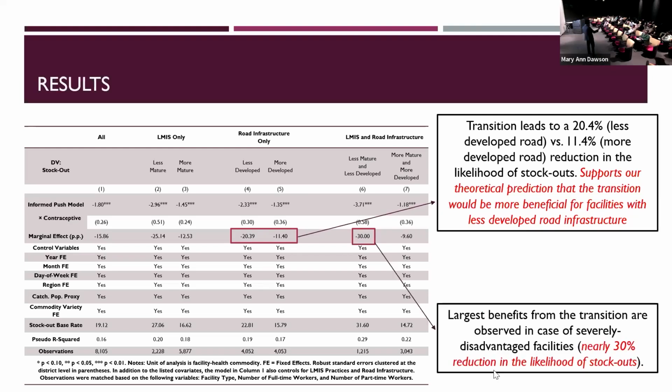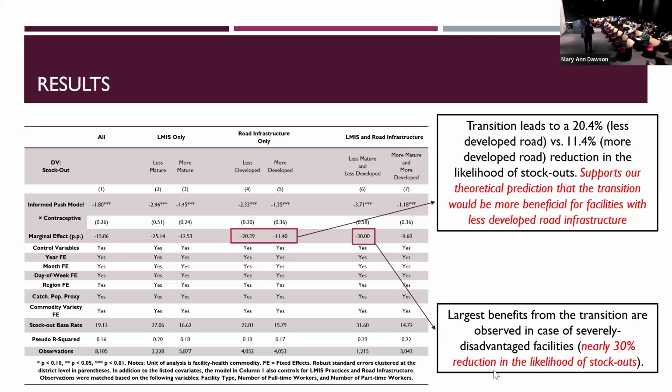So we look at road infrastructure and LMIS practices in combination. There, we find that by far the largest benefits are observed in what we call severely disadvantaged facilities. These are facilities with less mature LMIS practices and less developed road infrastructure. They have disadvantages on both dimensions, and that is where we see the largest benefits.